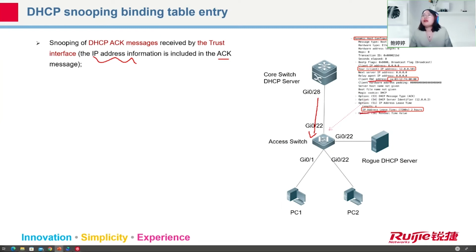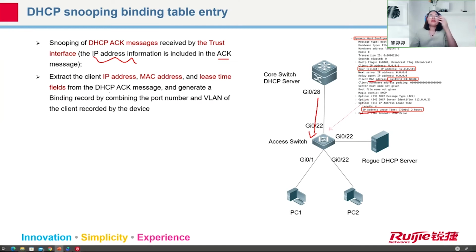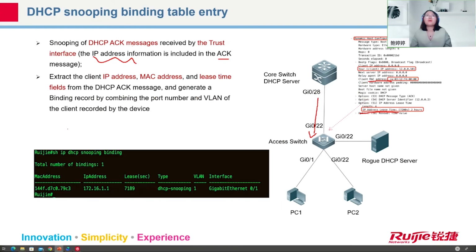And what's the IP lease time? This information will be added into the access switch snooping table: the IP address, MAC address, and the lease time, and also the port number and the VLAN. The port number and VLAN information come from the MAC address table. Then when we use the command show ip dhcp snooping binding on the switch, you can see this information.